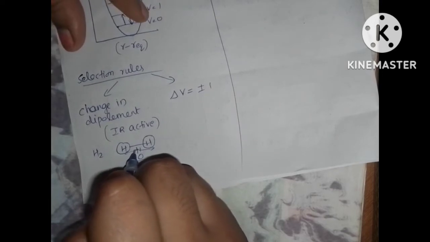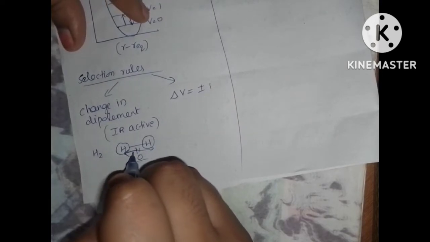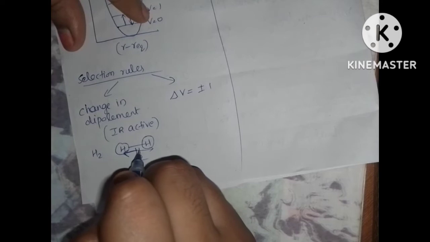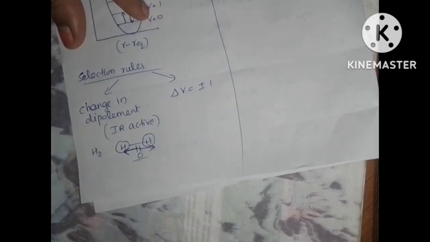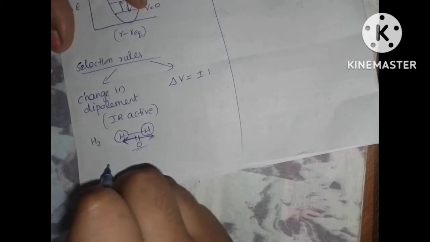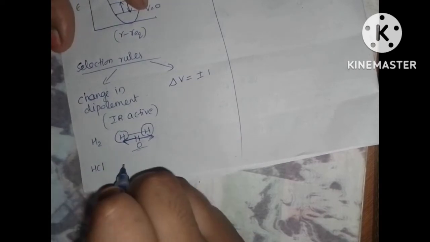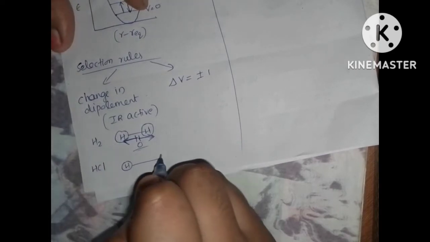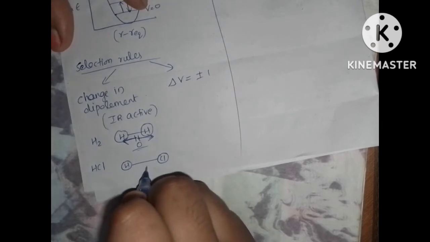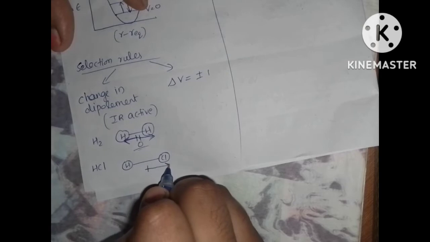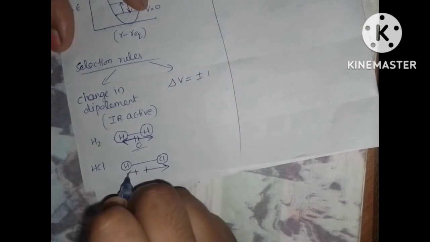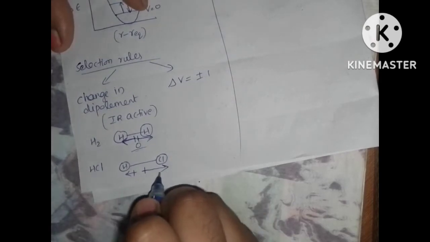The electron dragging effect to this side will be the same as to this side, so both will cancel out and the dipole moment is 0. On the other hand, while considering a molecule HCl, we know that as chlorine is more electronegative, the electrons are more pulled towards chlorine and less pulled towards hydrogen, so it has a dipole moment.